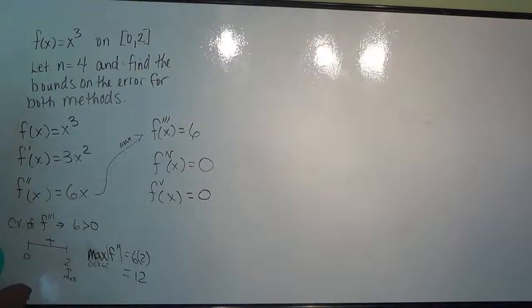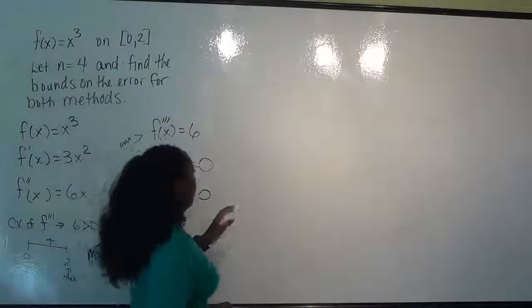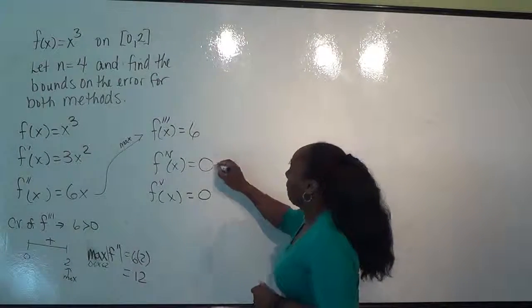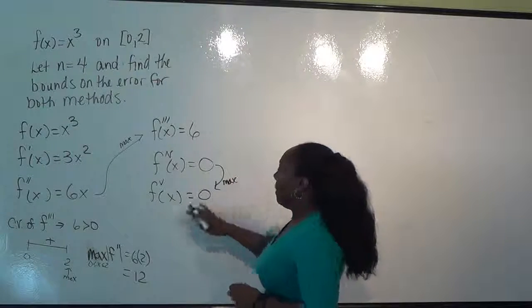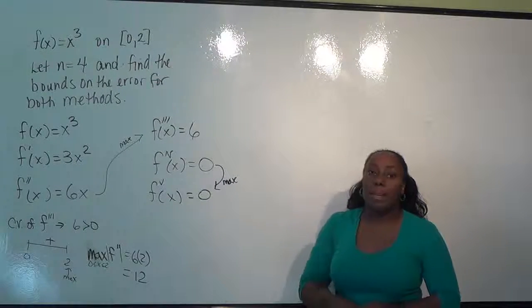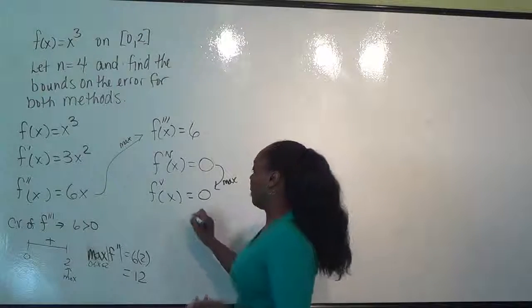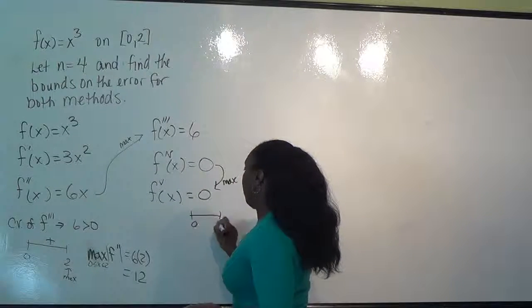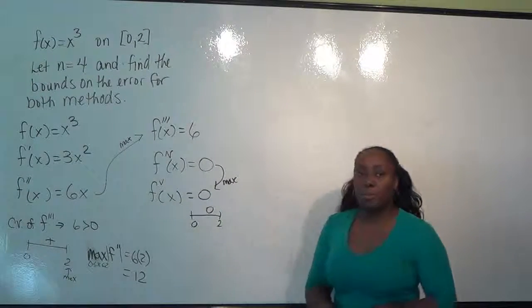We can do the same thing with the fourth derivative. Looking at the fourth derivative to get the max, I need the critical values here. Well, I'm looking at a constant function, which is 0 on 0 to 2.